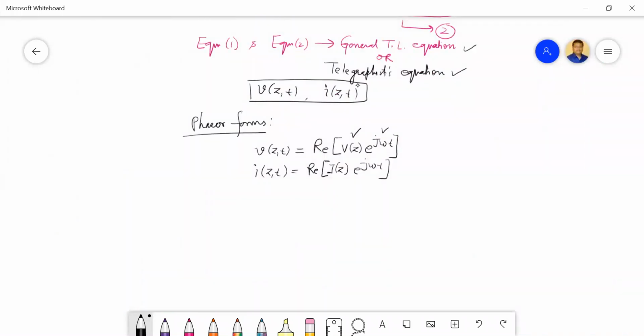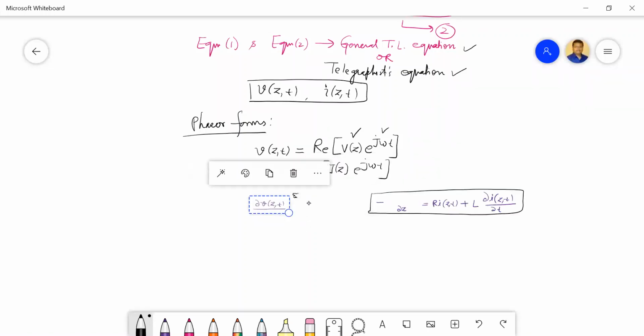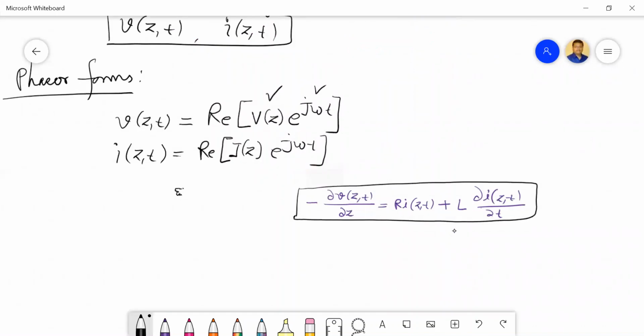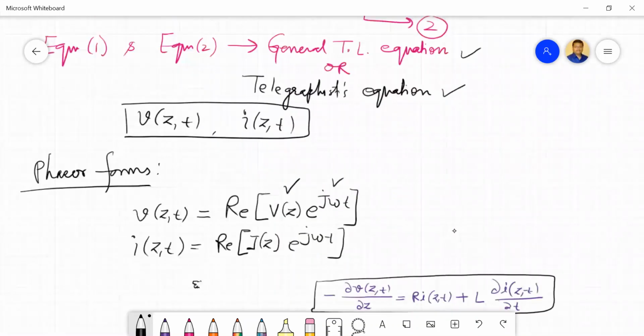So, just a minute. This is one equation, and another equation is this one.